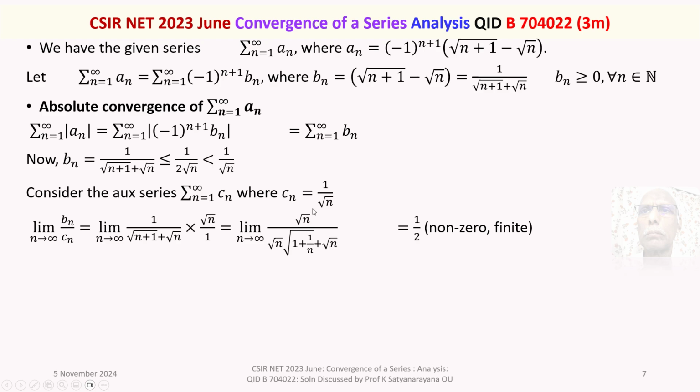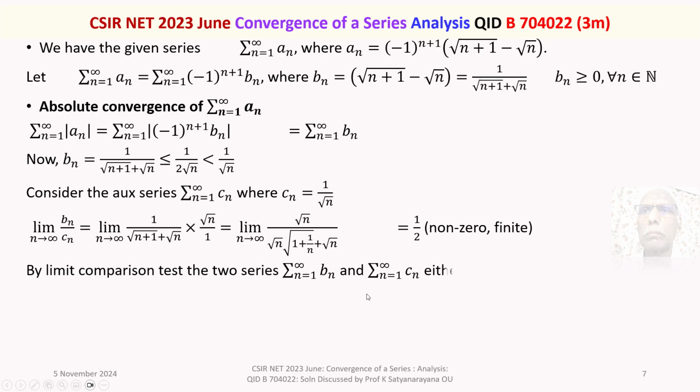So, root n cancels in both numerator and denominator, and taking the limit as n tends to infinity, we will get 1 by 2, which is non-zero and finite. So, by limit comparison test, the two series sigma bn and sigma cn either both converge or both diverge.